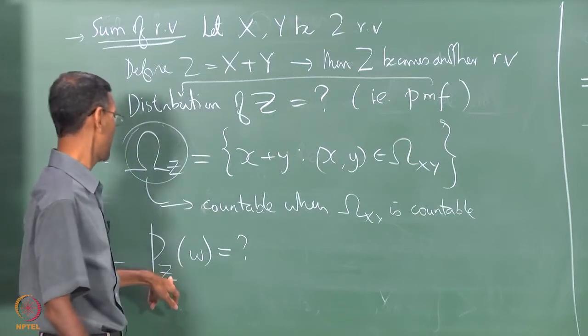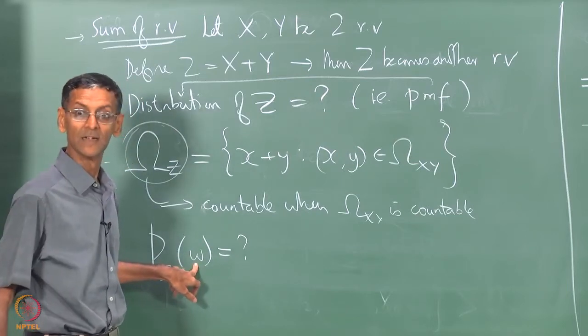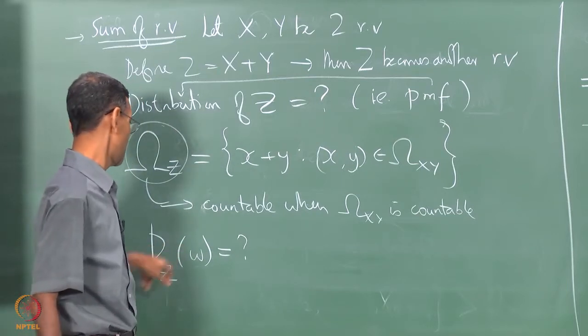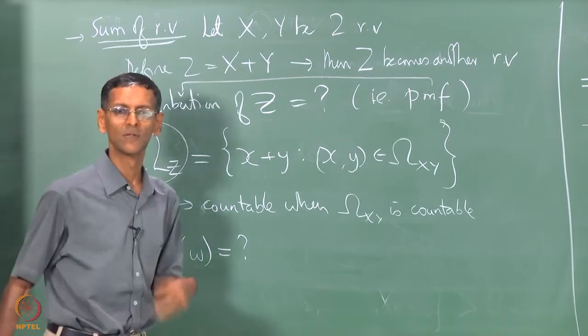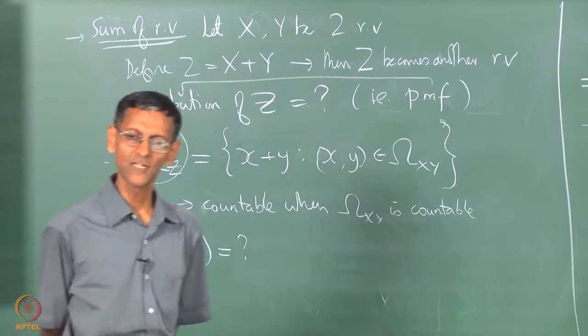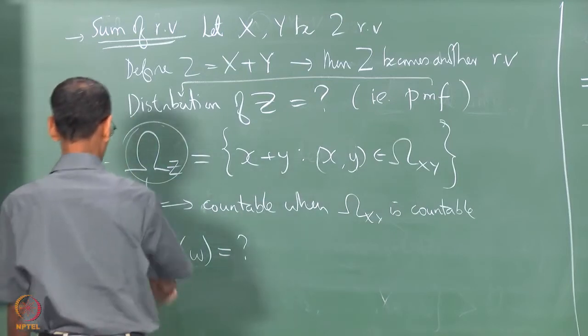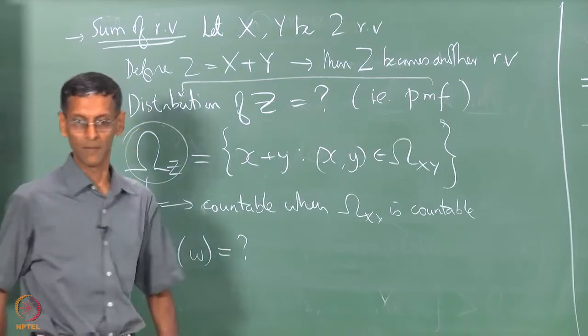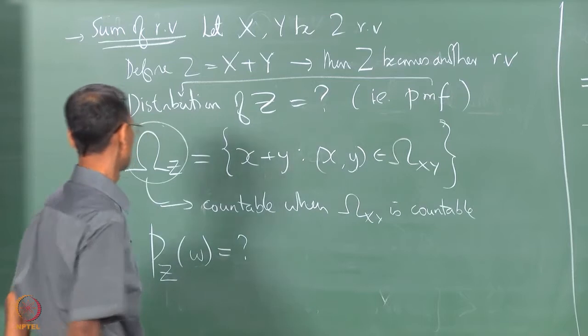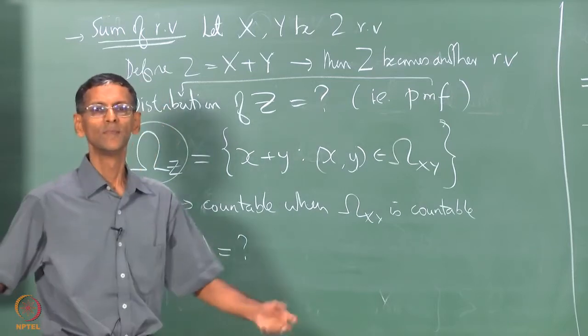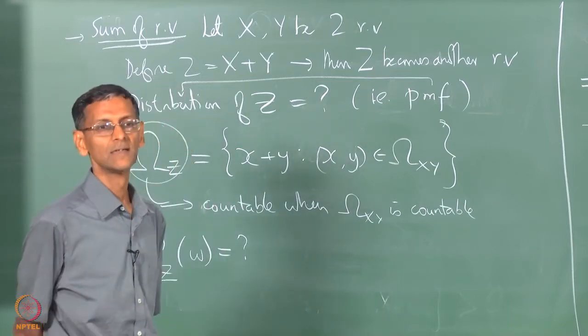This is the name of the random variable, this is the value that it can take. There is no reason why this should always look like this; conventionally people have been writing uppercase here and lowercase here, that is all. So how do I go about finding this?